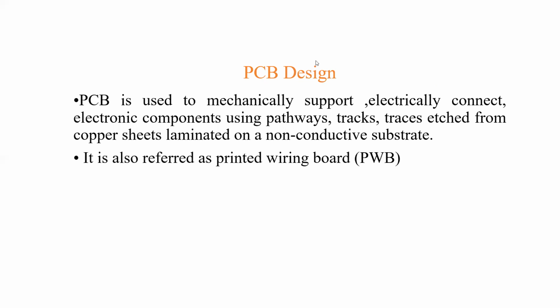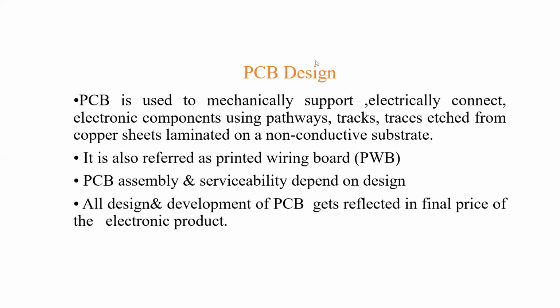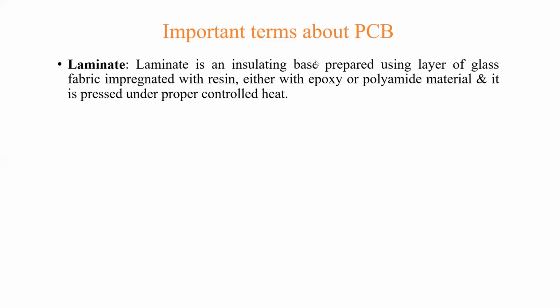So it is also referred to as the printed wiring board. PCB assembly and serviceability depend on the design. All design and development of the PCB gets reflected in the final price of the electronic product. Some important terms regarding this PCB, we will see one by one.